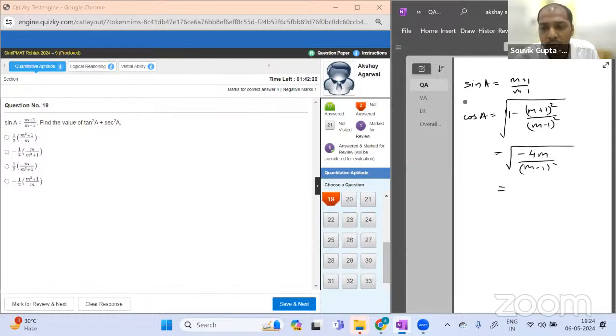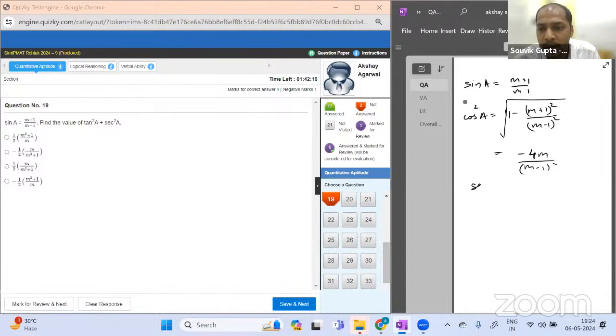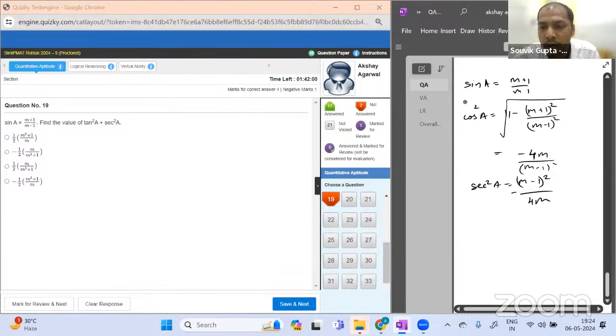So basically square root of minus 4m. Let's just keep cos square A, cos square A is minus 4m upon m minus 1 the whole square. Therefore sec square A is m minus 1 the whole square upon minus 4m.